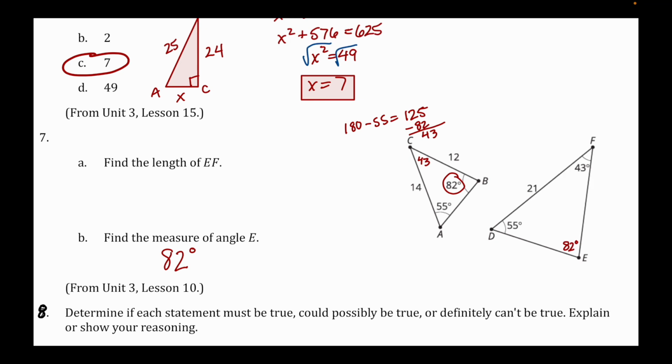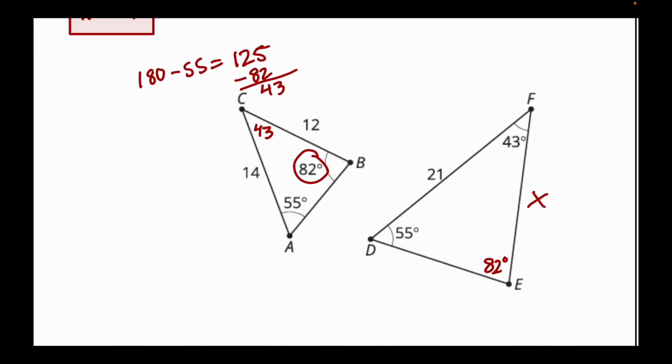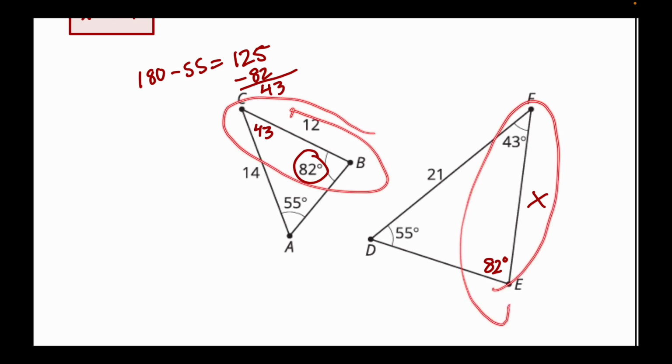And they wanted to find the length of EF, so I'm going to call that X, and we're going to solve for that. So, excuse me, 82 and 43, that is not my laser pointer. I wanted the laser pointer. X is between the 82 and the 43, and that lands here on this triangle.